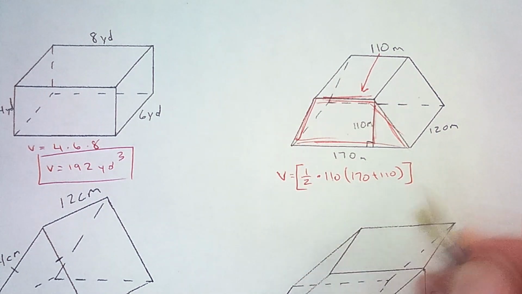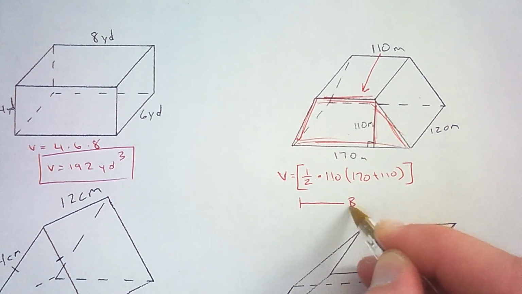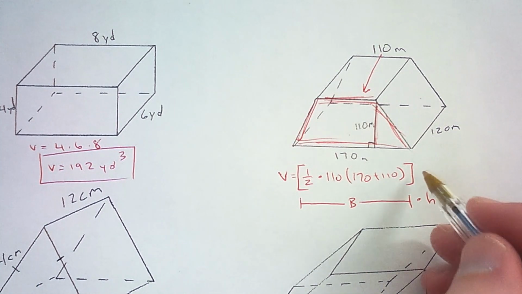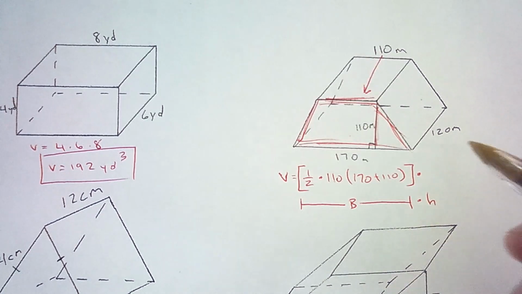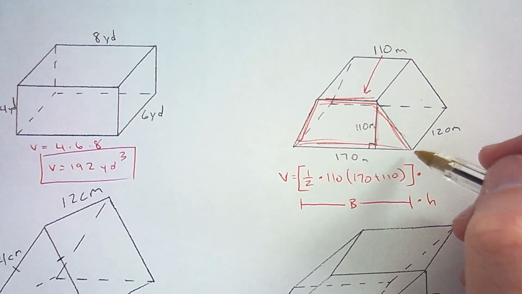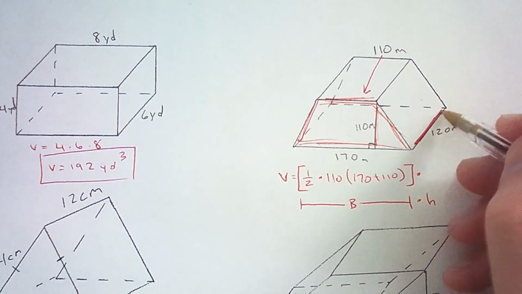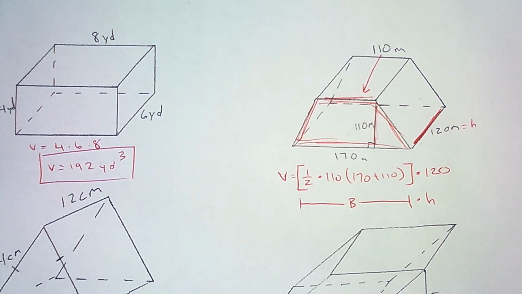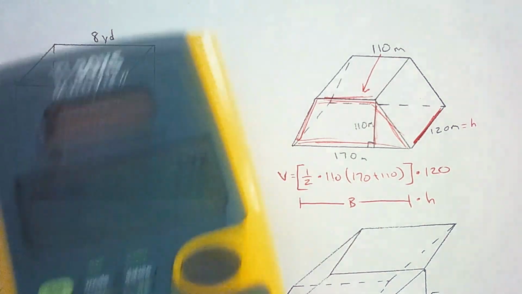So this right here is the area of the base. We have to multiply that by the height of the prism, and the height of the prism is the distance from one trapezoid base to the other, and that is right here. That is 120. Okay, so I can type this in the calculator now.